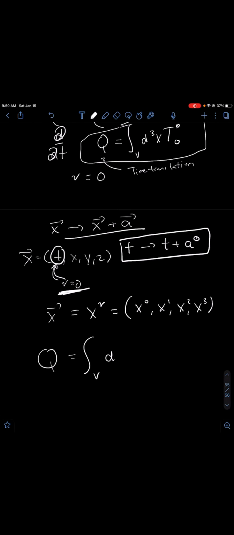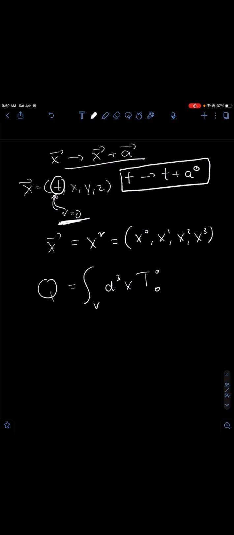For time translations, we get this quantity. There's a special name for conserved quantities of the Lagrangian under time translations. It's called the Hamiltonian. The Hamiltonian is defined as the conserved quantity under time translational symmetry of the Lagrangian.